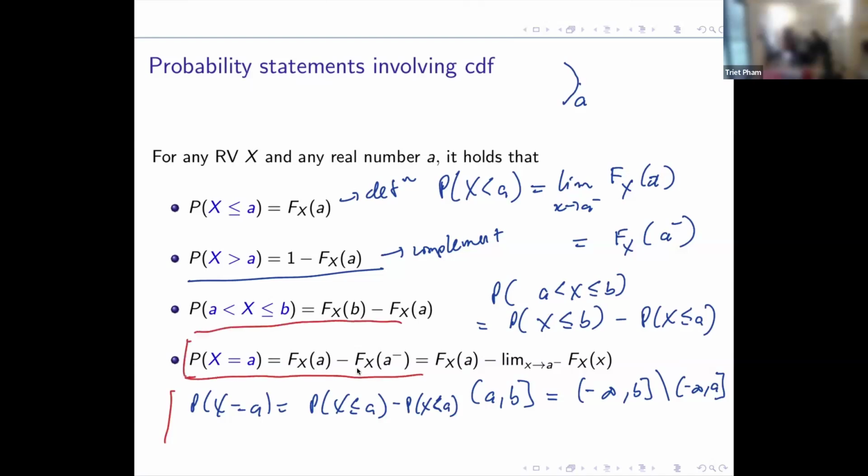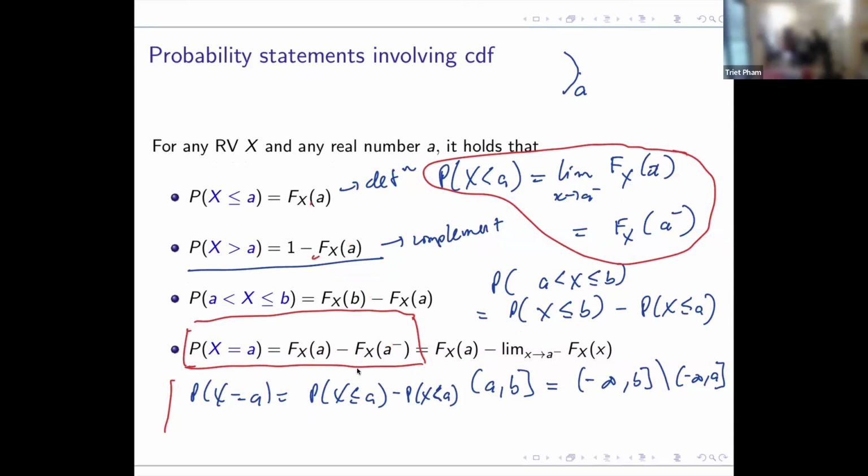So you have five statements that, in some sense, could capture all you want to ask about the probability of a random variable at any point. The CDF would allow you to compute that.